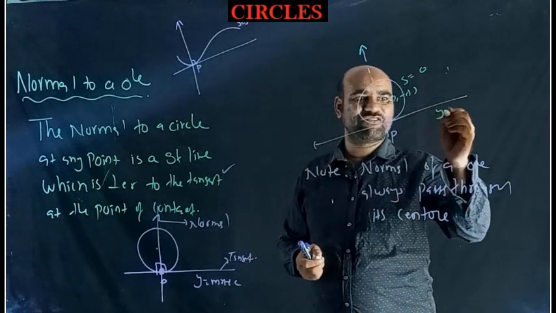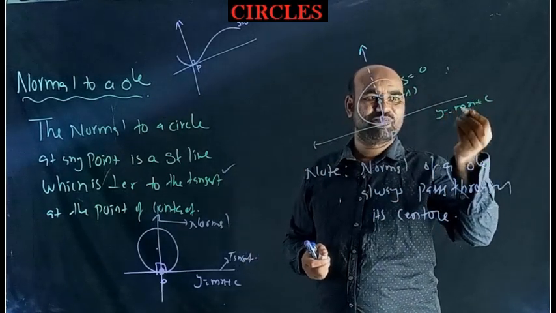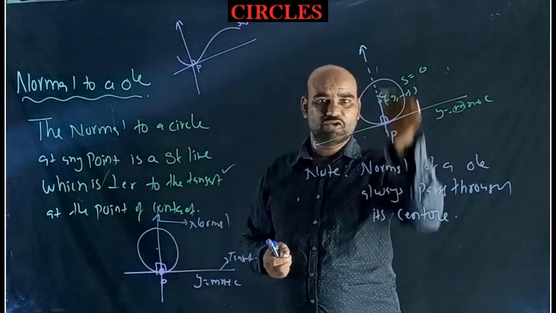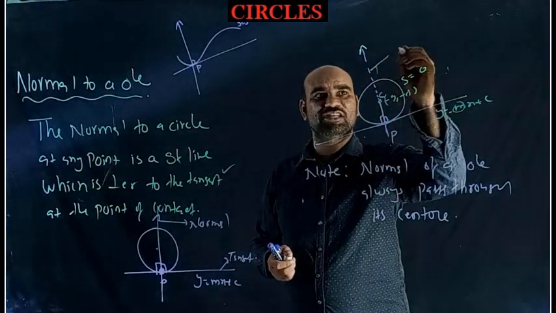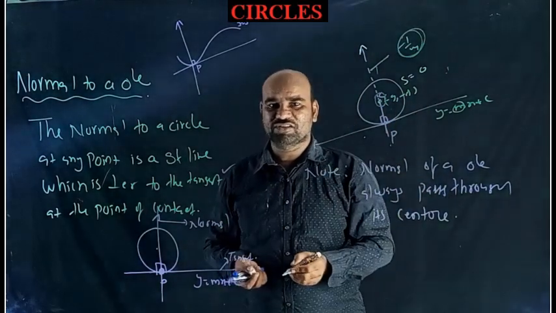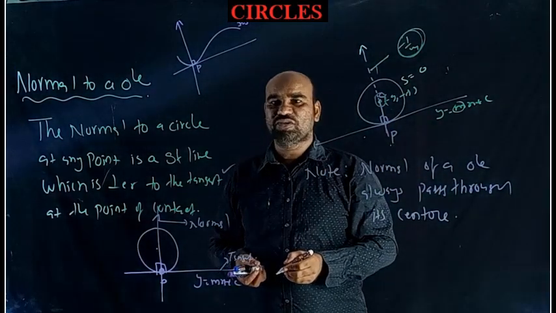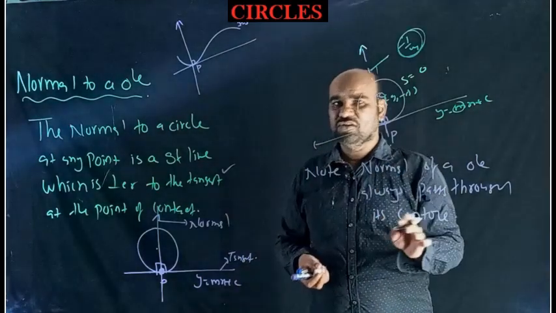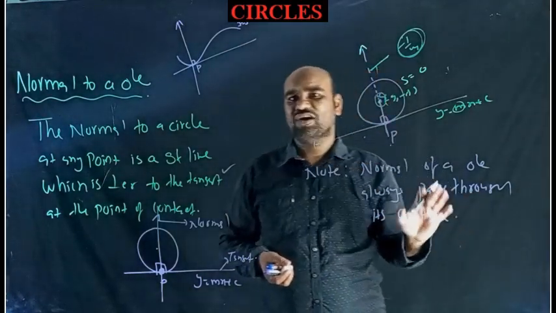Tangent equation is given, y is equal to mx plus c, means m is the slope of the tangent. These two are perpendicular, so the slope of the normal is minus 1 by m. Slope is there, point is there. Directly you can find the equation of the line by using point slope form. That's why while finding the equation of the normal, no need to remember any formulae.